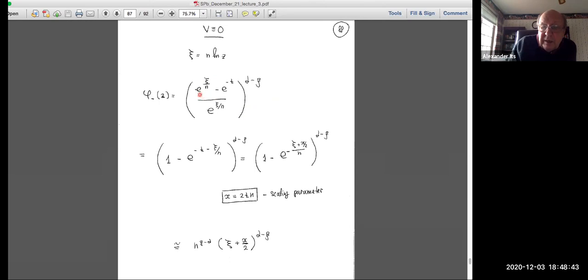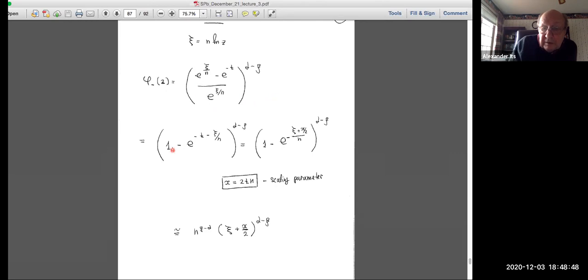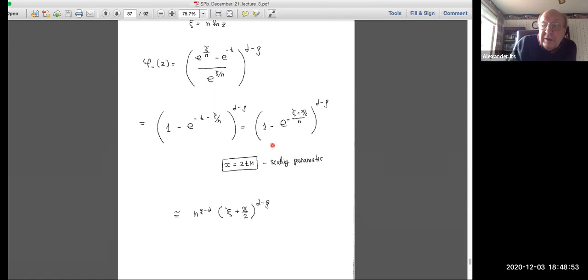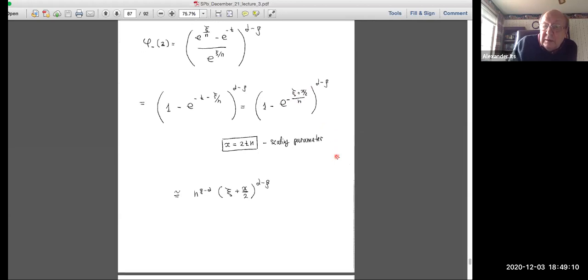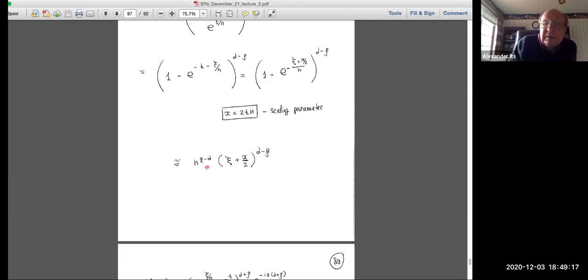So I can rewrite this in this way, reducing to the common denominator and writing it as xi plus x over 2, over n. And I assume those bounded. So this is a small argument of exponential functions, so it can be roughly replaced by this.